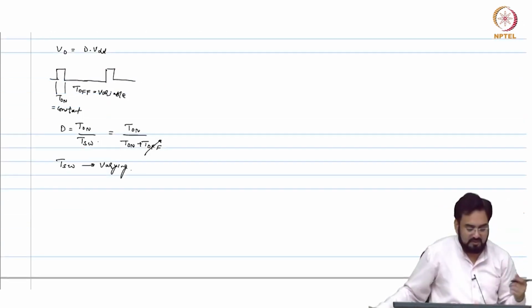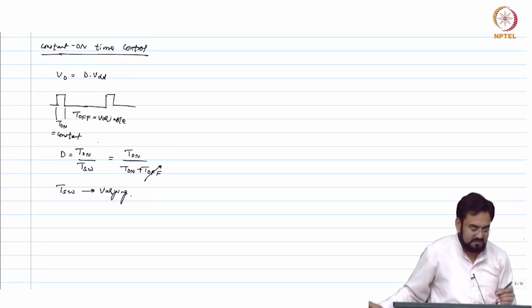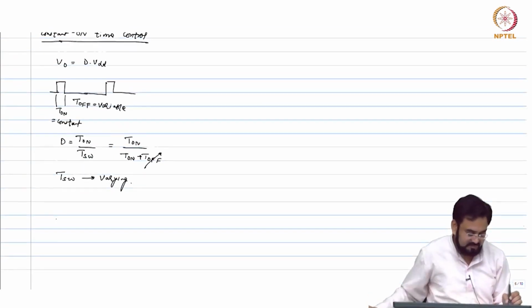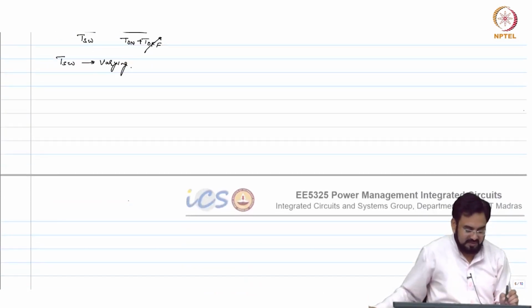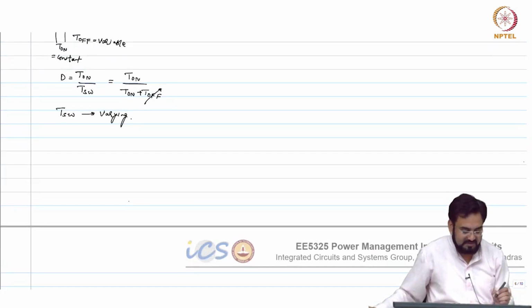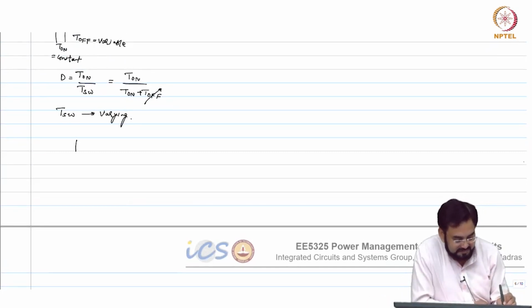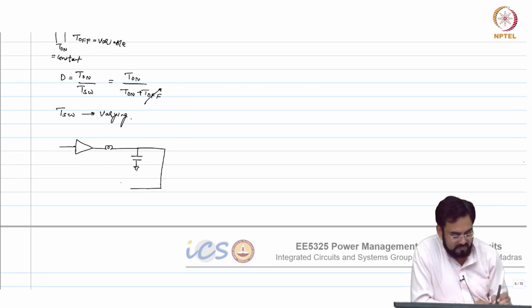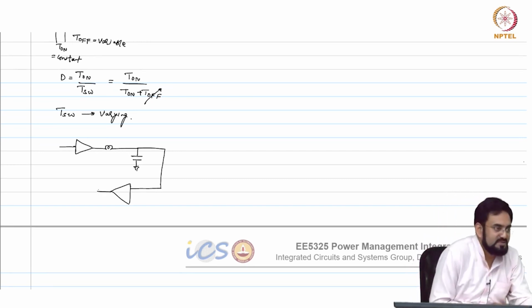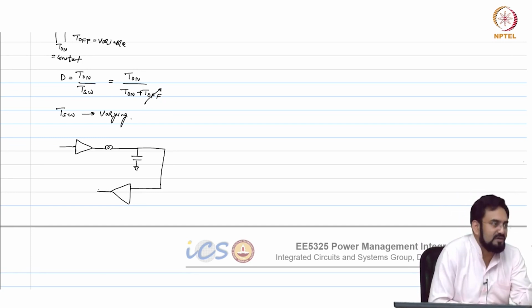Okay. So how do we do it? So again you just require same hysteretic loop everything. So I am showing a voltage mode here conceptually, but all the issues we already talked about, that you require a large ESR, everything is valid here as well.